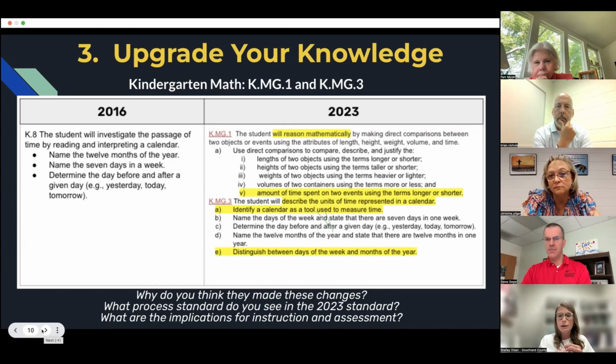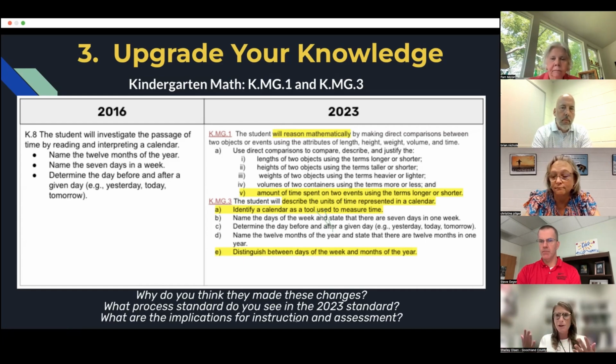And also, what are the implications for instruction and assessment? And to do that so that it's actually what we are doing and what we want kids seeing and doing in their classrooms, and not just relying on jargon and assumptions about, oh, we all know what reason mathematically means. Well, we might think we know what that means, but let's actually talk about what that means in relation to this assessment item question.